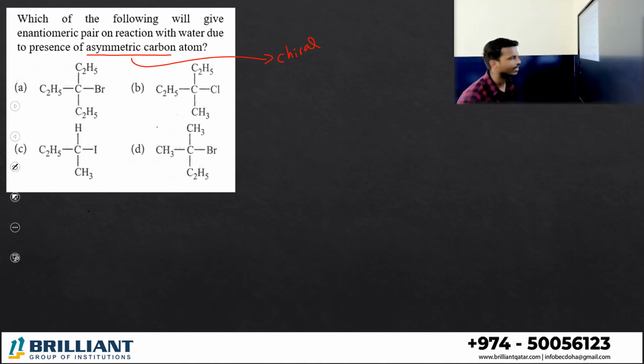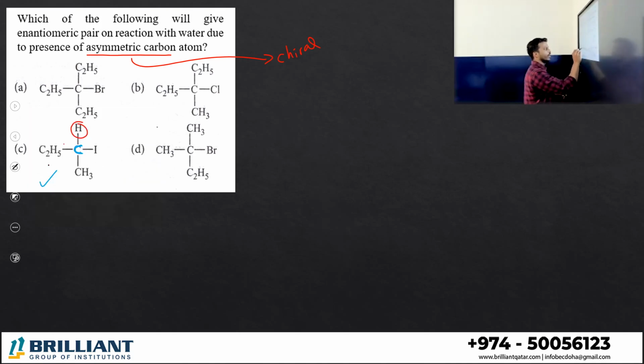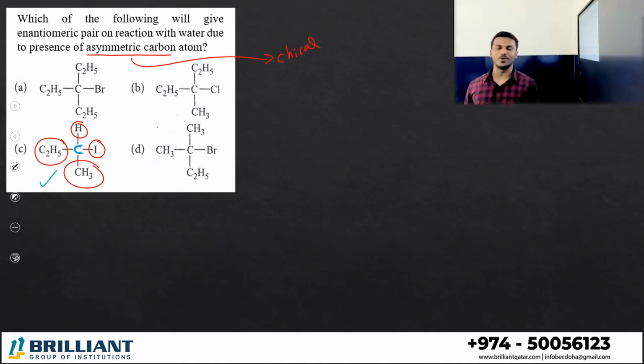Yes, I think your answer is option C, right? Because if you look at the central carbon atom, it is directly connected to one hydrogen, one ethyl, one methyl, one iodine. All are different groups, therefore it is a chiral or asymmetric carbon.